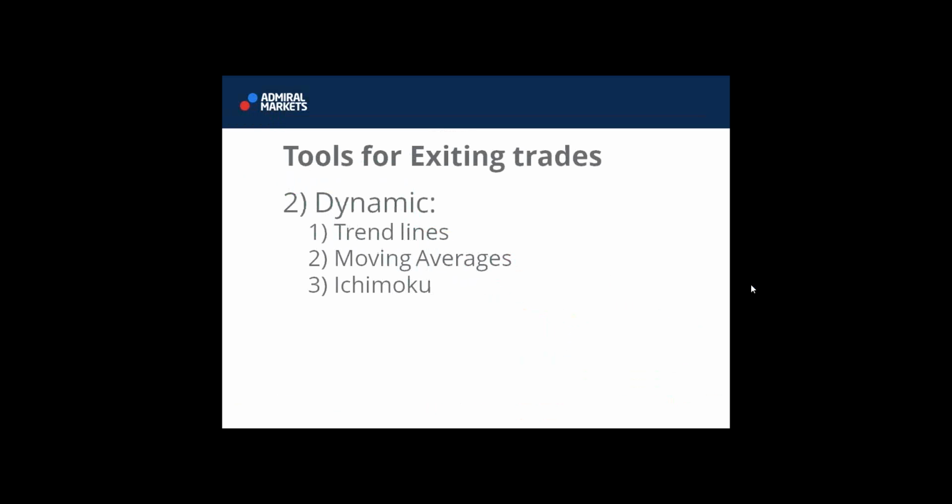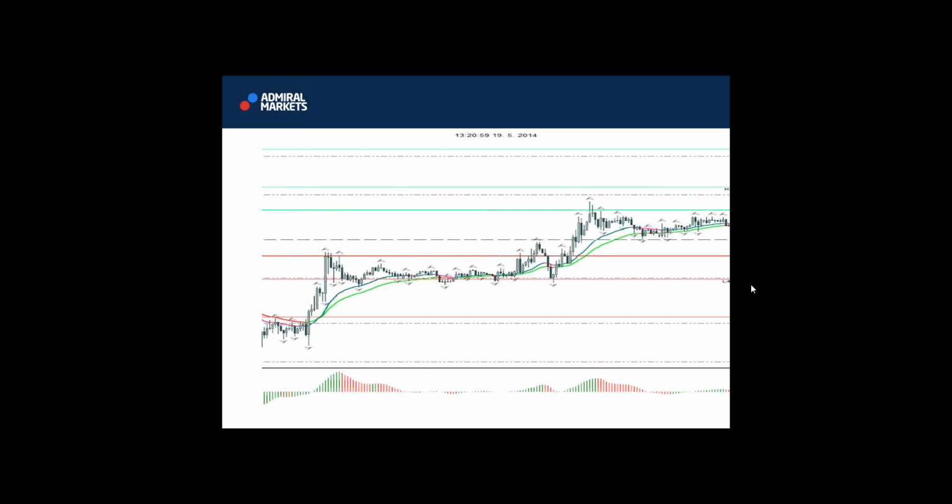Now, the dynamic ones are actually tools that move along with price. That trend line is kind of a semi-example because it moves at a fixed rate depending on the angle. Moving averages, of course, surely are impacted, Ichimoku as well. The advantage of that is that they are flexible and therefore always relevant.